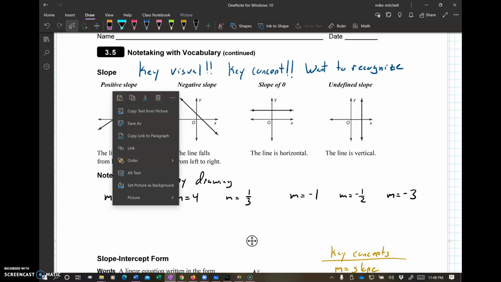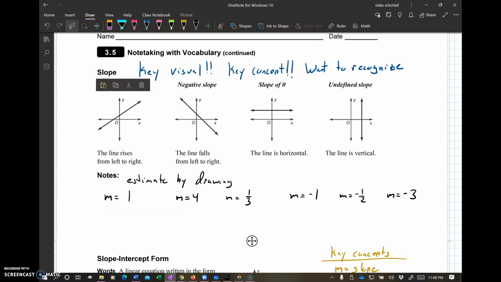Okay, slope here. This is a key visual concept. Okay, so this is something you got to look at. Positive slope. As you go left to right, it goes up. This would be a bigger positive slope, like 2, 3, 4, 5.